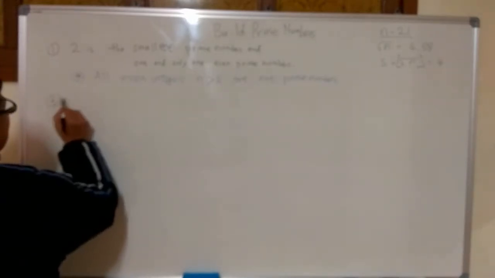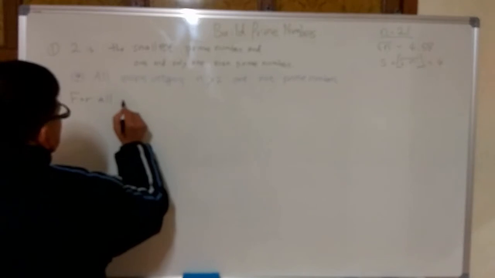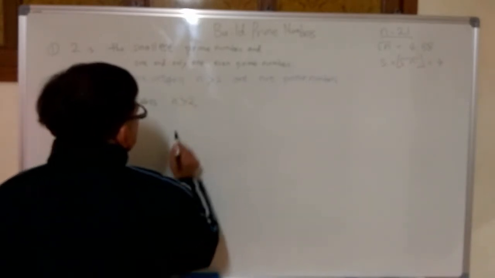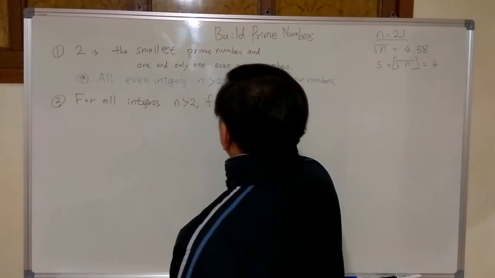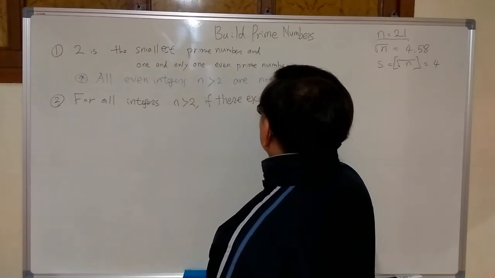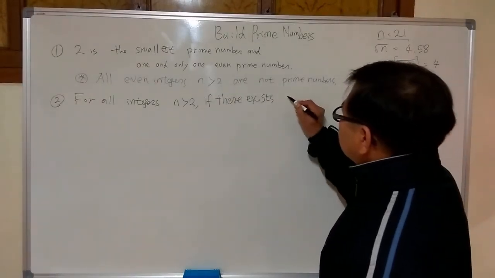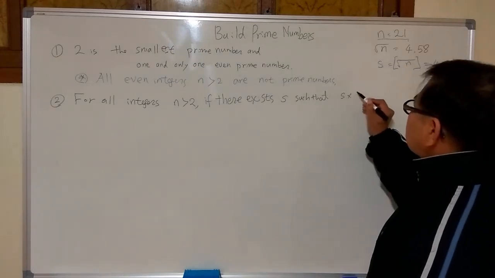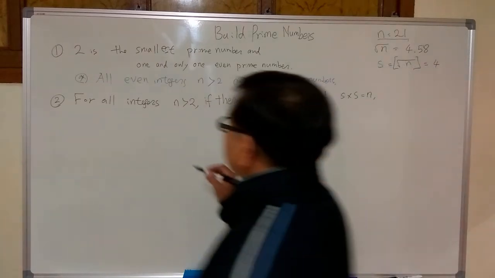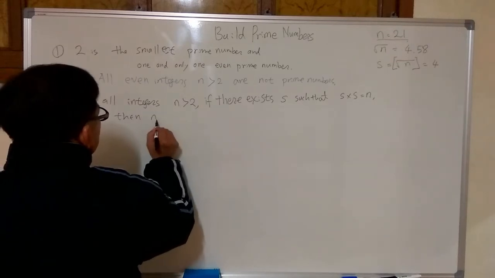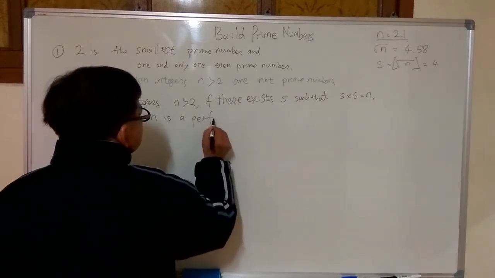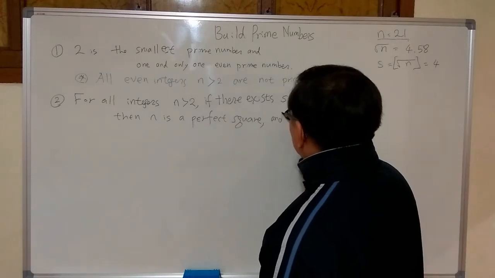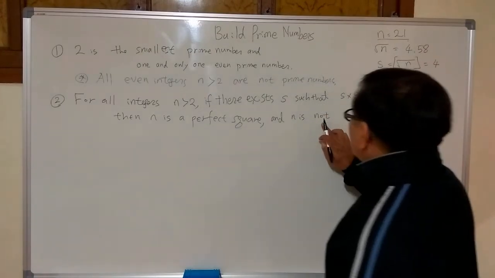Second, for all integers greater than 2, if there exists S such that S times S equals N, then N is a perfect square and N is not prime.